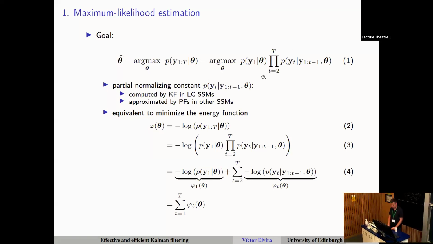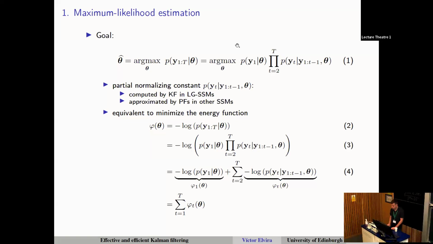I insist on this because whenever you derive your own algorithms and need to do manipulations with these distributions related to the model, you need to distinguish very well which things you are allowed to do just because of basic probability rules, and which ones exploit the fact that you have a Markovian model, for example, or that the observations are conditionally independent of other states given the state at the same time. Okay.